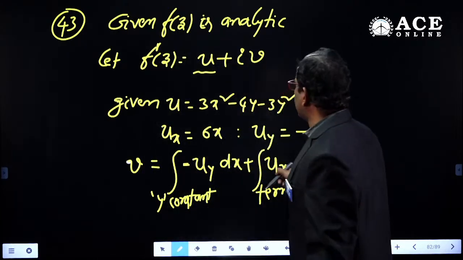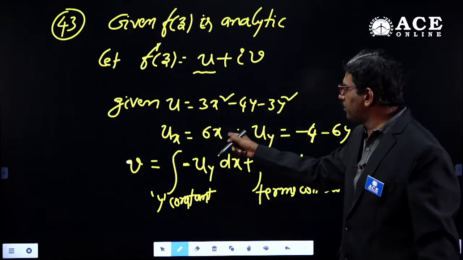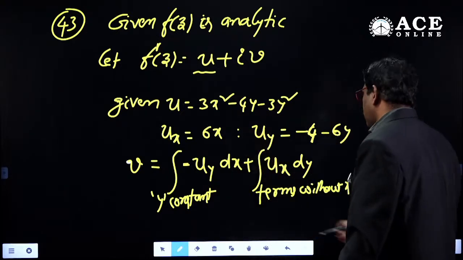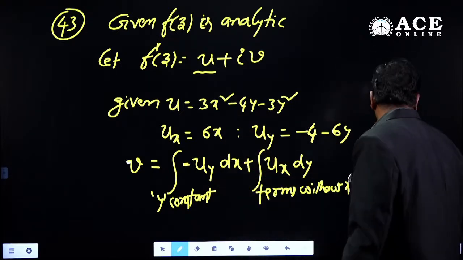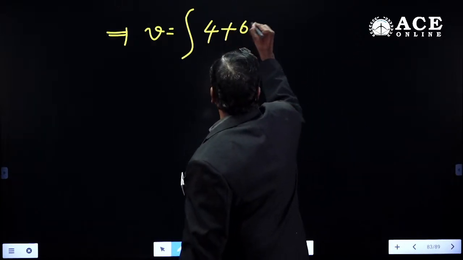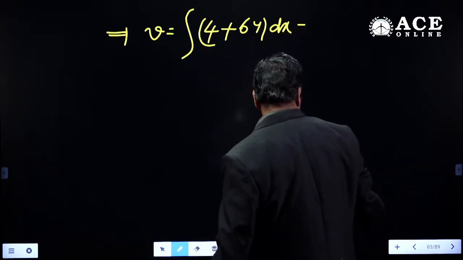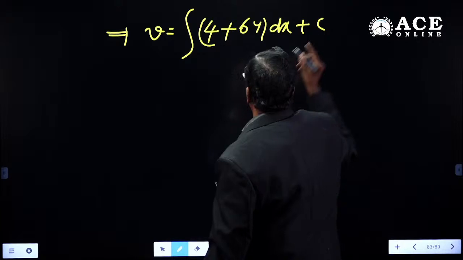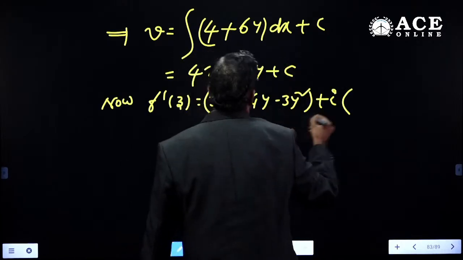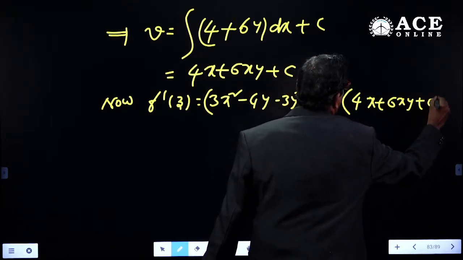Terms without x: ux contains only one term, which contains the variable x, so that whole term is removed. So only the uy part, 4 plus 6y, is taken, integrated with respect to x, plus an integrating constant c. Now it is 4x plus 6xy plus c.